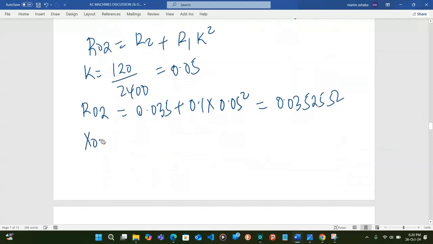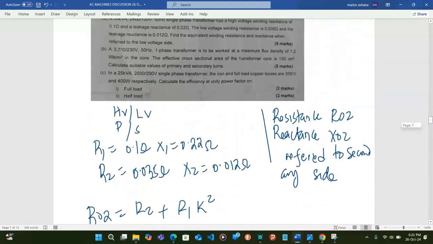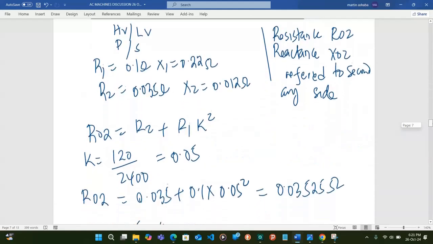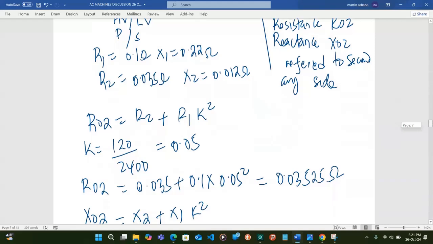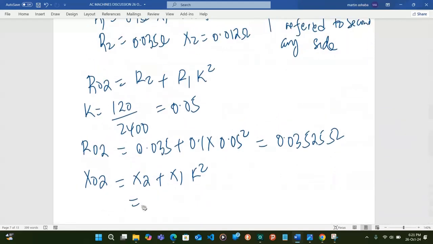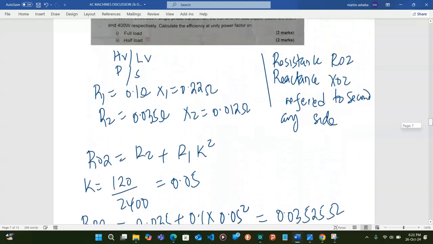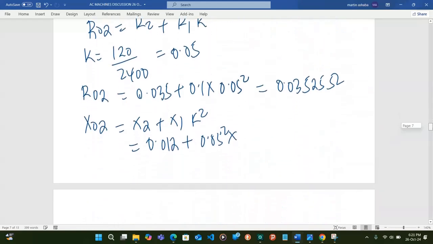Then XO2 will equal X2 plus X1 K squared. So we have X2, which is 0.012, plus 0.05 squared times X1, and X1 is 0.22.